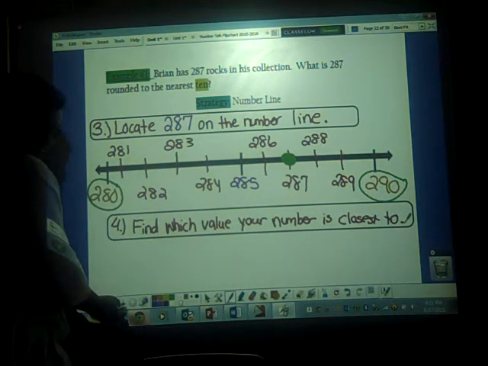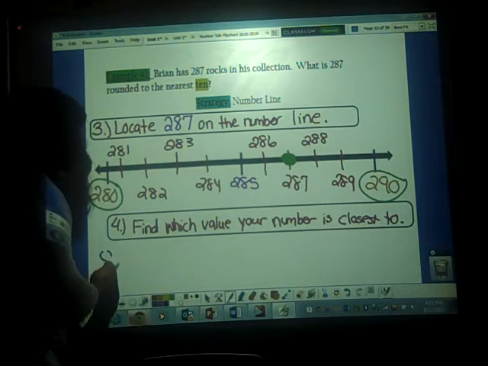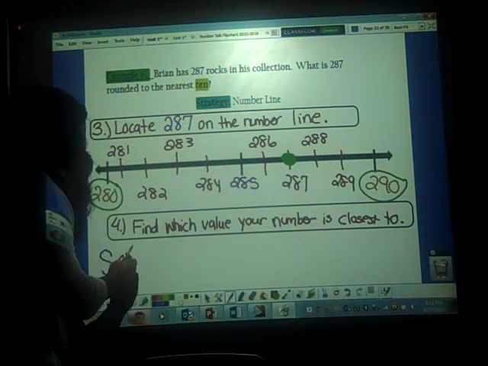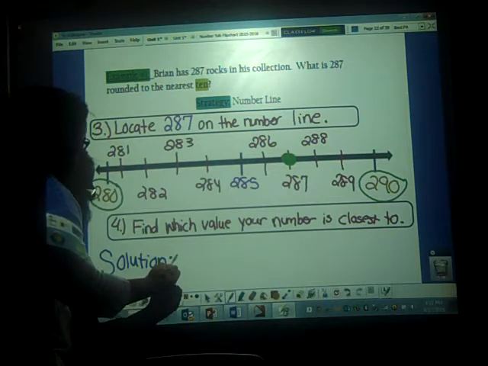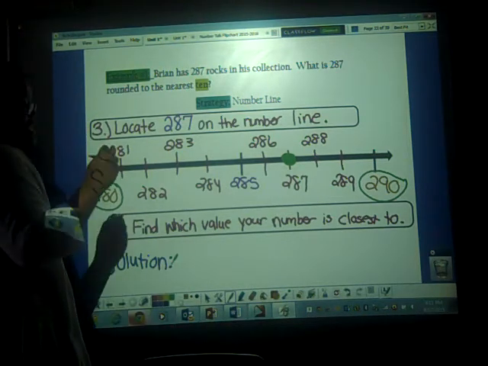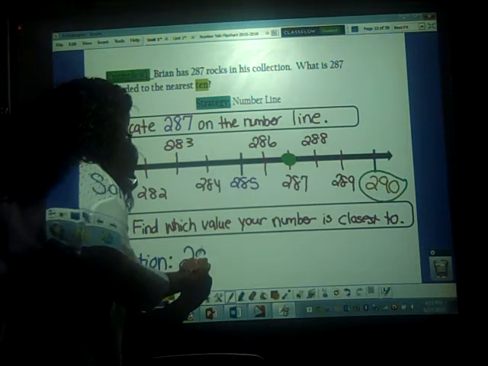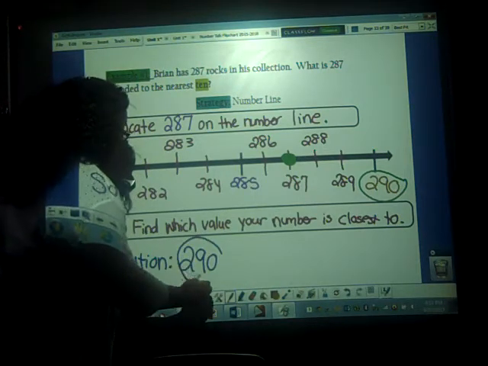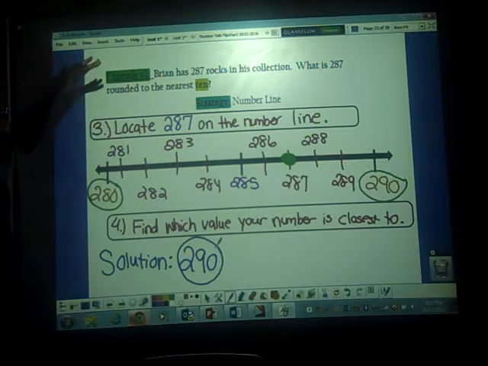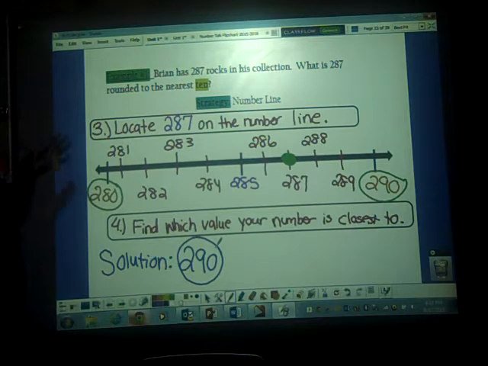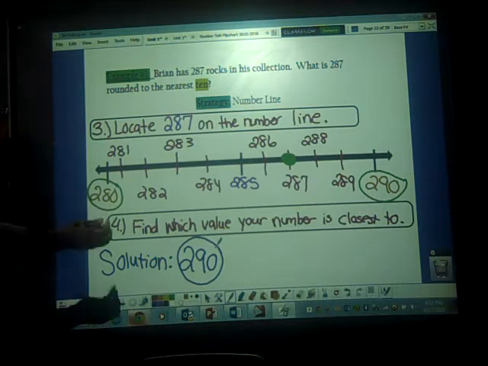So 290, my solution is going to be 287 rounded to the nearest 10 is 290. And that's your answer. So pause the video, copy this down in your notes if you need to. I suggest that you do that. And let's move on.